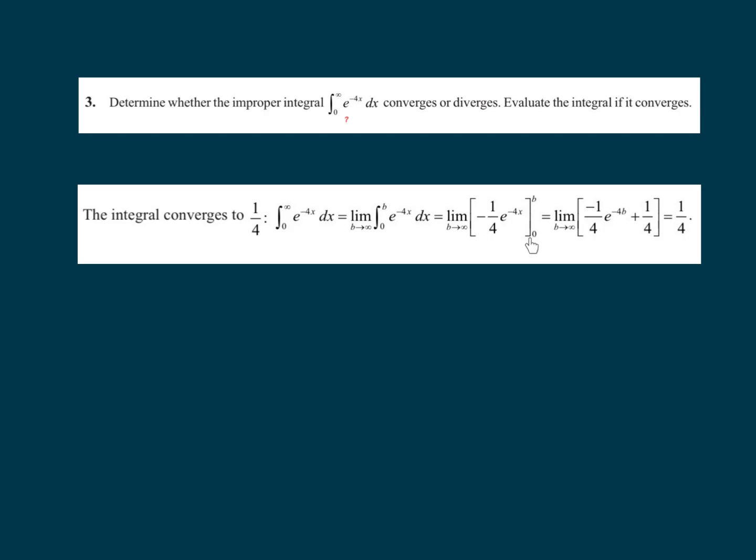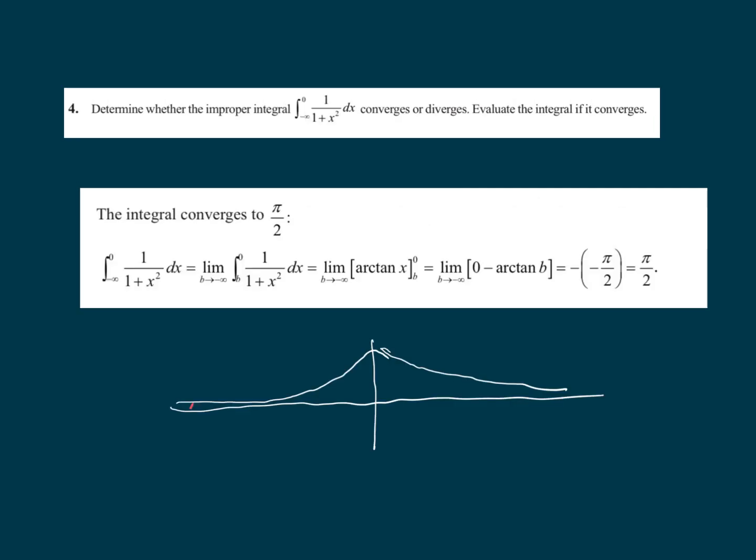When you evaluate at 0, e^0 is 1, minus minus becomes positive, so it would be 1/4. When v goes to infinity, e^(-4v) goes to 0, so the total result will be 1/4. So it will converge. Let's go to the next.